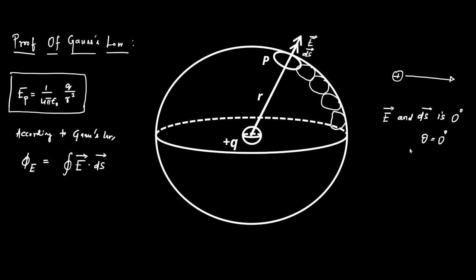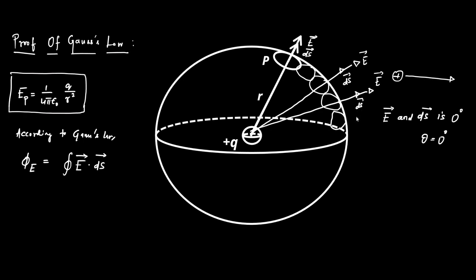So here we have determined that the angle between E vector and ds vector, at all these places it will be 0, because if we take this place, here also the electric field vector will be like this, and the area vector also will be like this. Here also the angle will be 0. This will be the electric field vector away from this positive charge, and this will be the area vector.